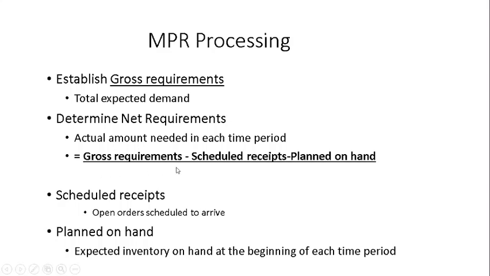So the gross requirements, if we take out the scheduled receipts, which is what we're expecting to receive, and of course what we have already in our inventory, this is the net requirements, what we really need, what we need to order. So scheduled receipts, as you can see here, is what we expect to arrive, and the plan on hand is what we already have in our stock. So gross requirements and net requirements.